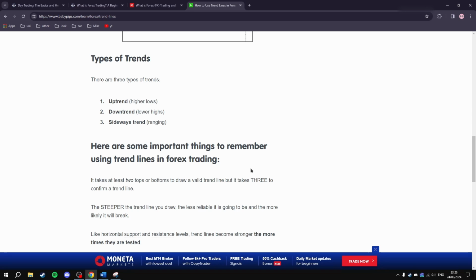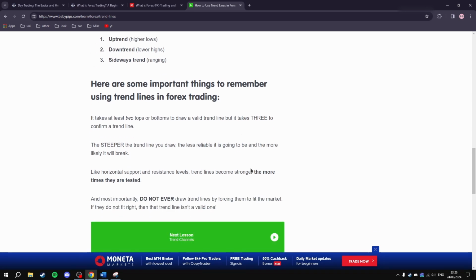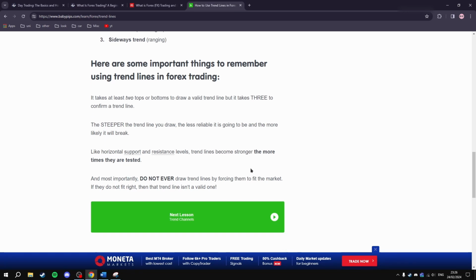Here are some important things to remember using trend lines in Forex trading. It takes at least two major tops or bottoms to draw a valid trend line, but it takes three to confirm a trend line.